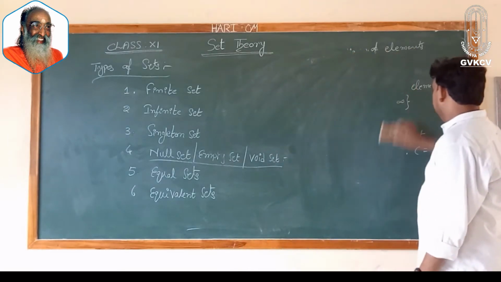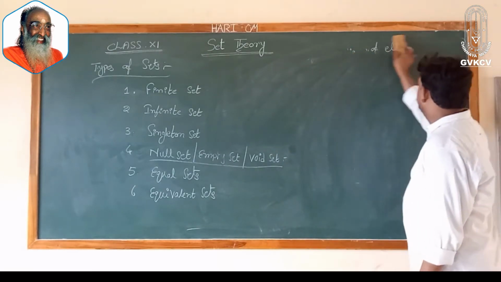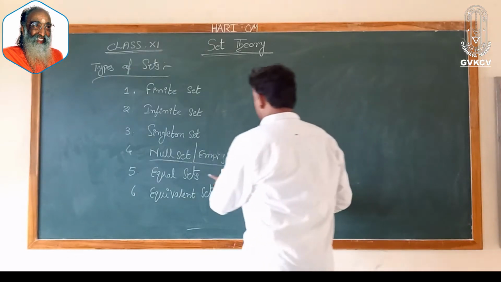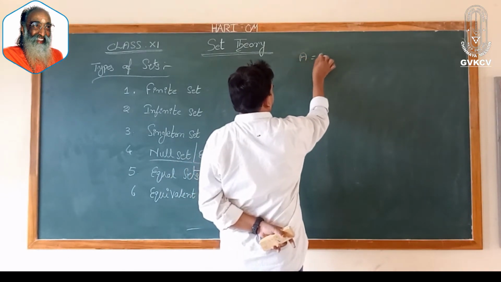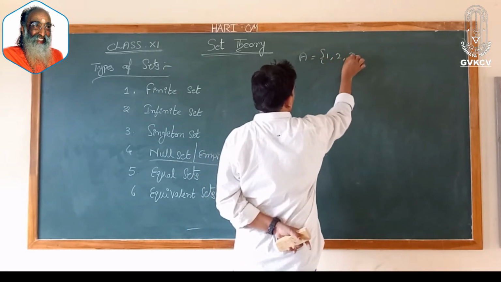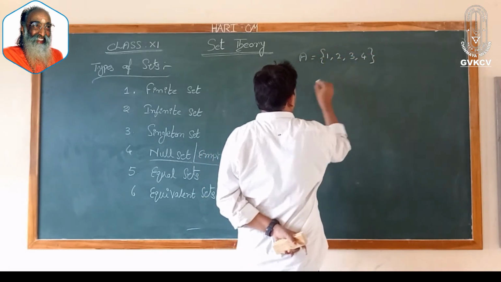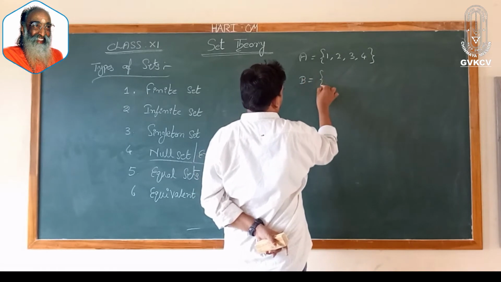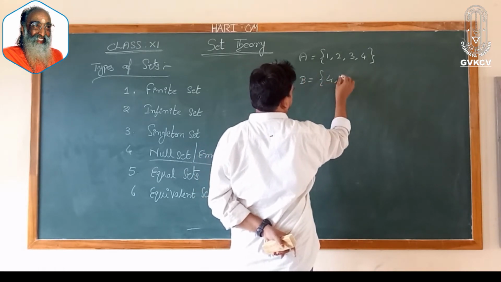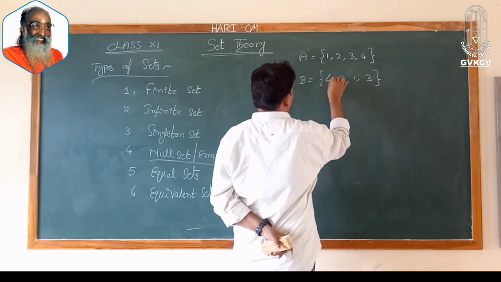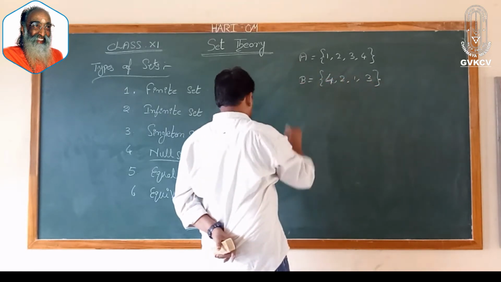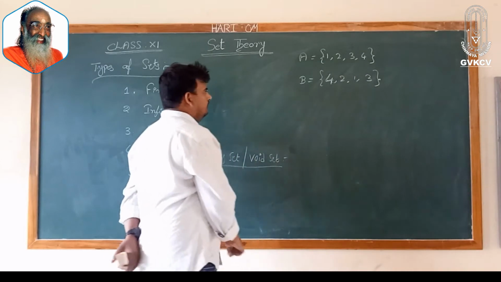Let us consider two sets I am taking here. Equal sets. Set A, I have the elements 1, 2, 3, 4. Set B, I have the elements 4, 2, 1, 3. Now, these are the two sets I have.